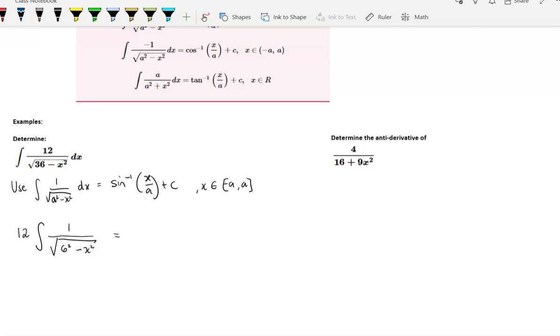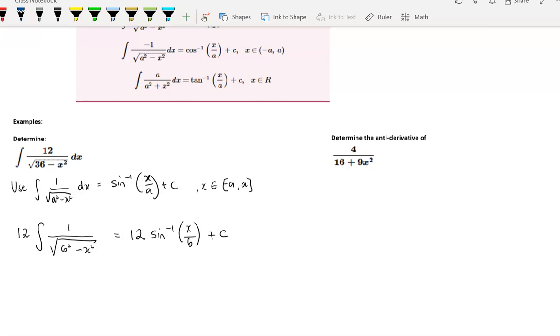That makes things very simple. We now have it in the form that we want it in. So that'll become 12 times the integral, which is sine to the minus 1 of x over, and what is a? 6, plus c.